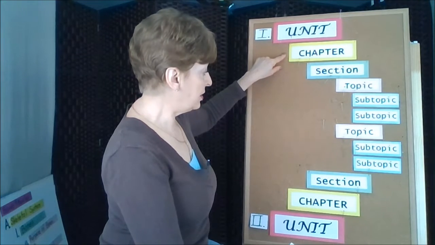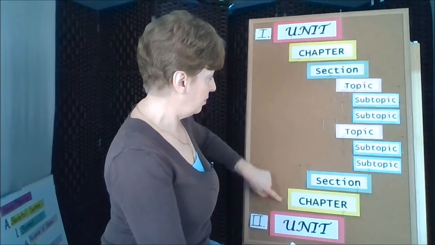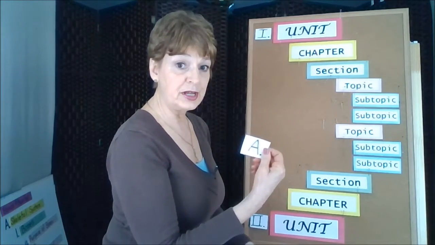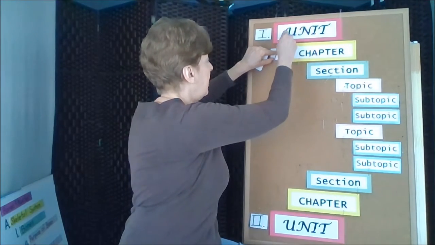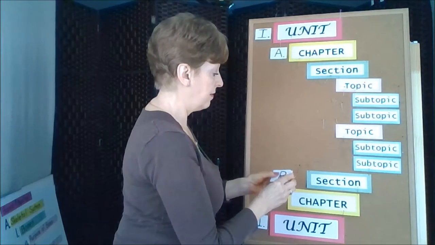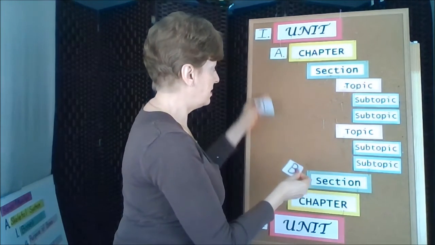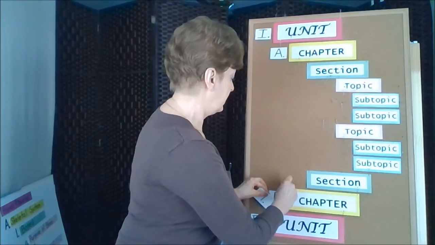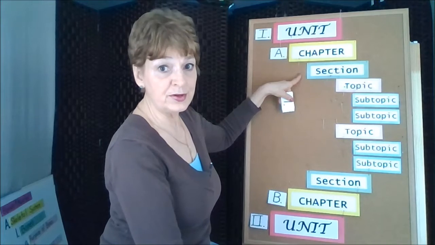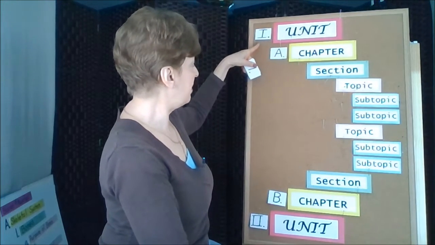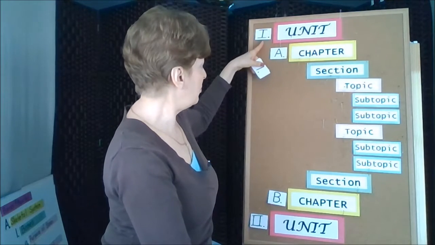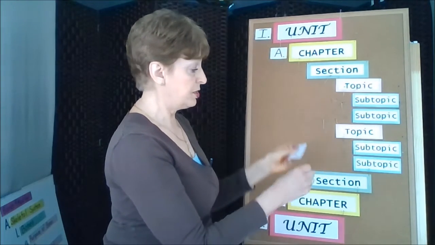When we go into the chapters, you would have capital letters. In this case, I'm doing capital A because I have 2, so I would also have to have a second chapter in this unit. The sections are going to go back to the numbering, but this time we're going to switch from Roman numerals to Arabic numbers.